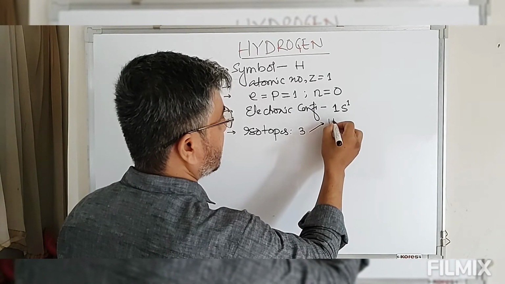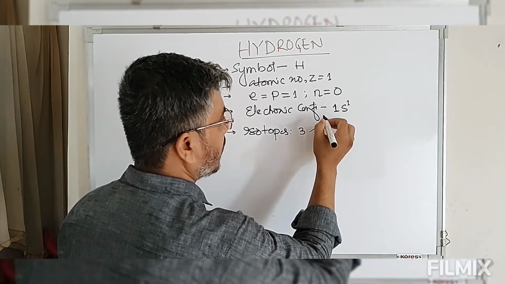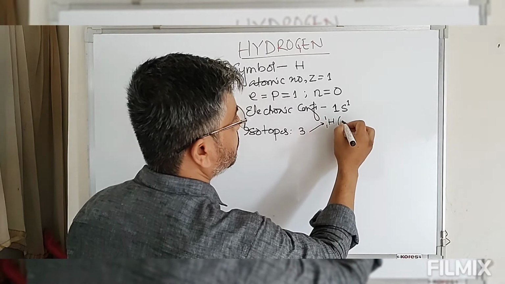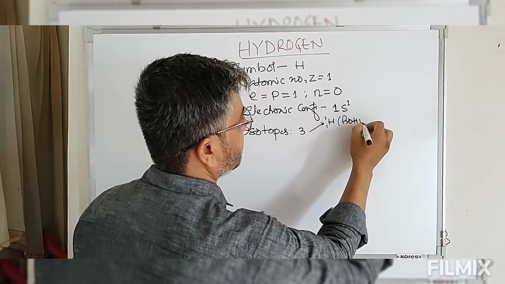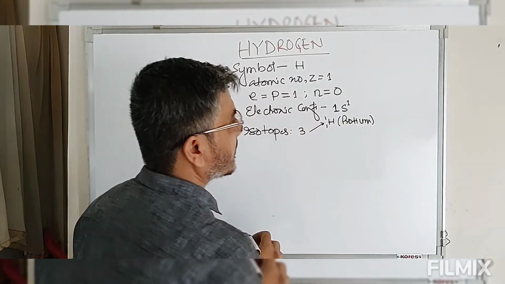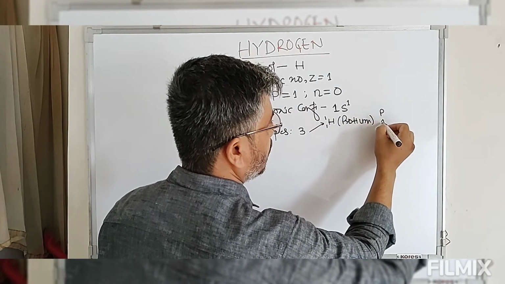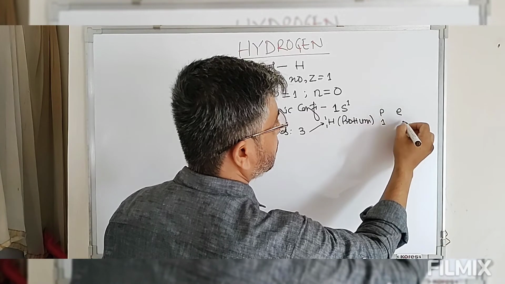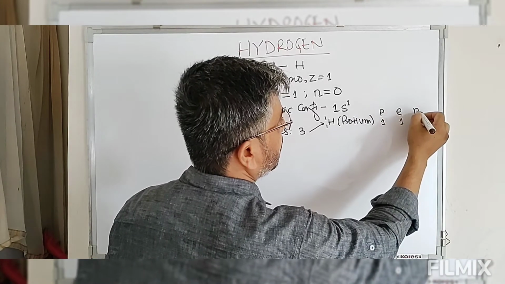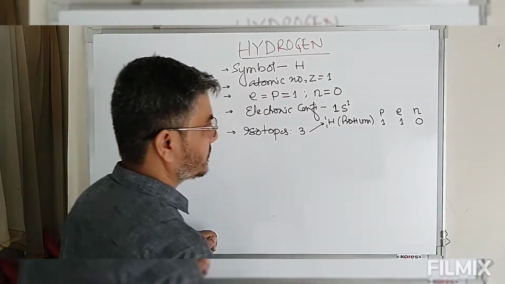One is known as H11, this is known as protium. The number of protons is 1, the number of electrons is 1, the number of neutrons is 0.